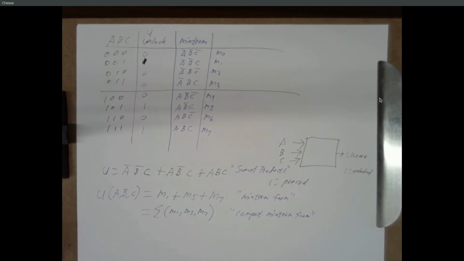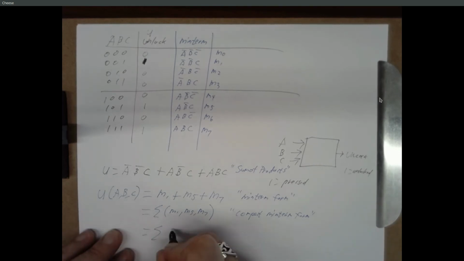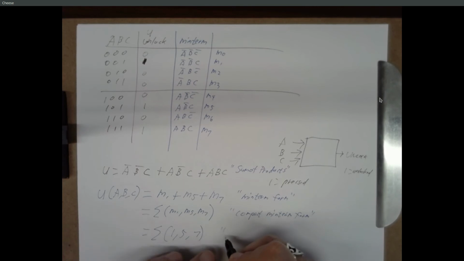But any time that we're talking about a sum of products, and that sigma means sum to us, these products are always minterms. So we don't even need to list the m. So sometimes we'll just write this as sum 1, 5, 7. And this is sometimes called implicit compact minterm form.